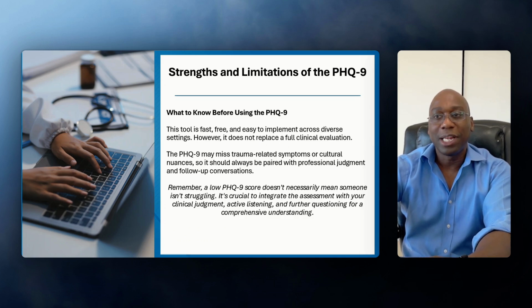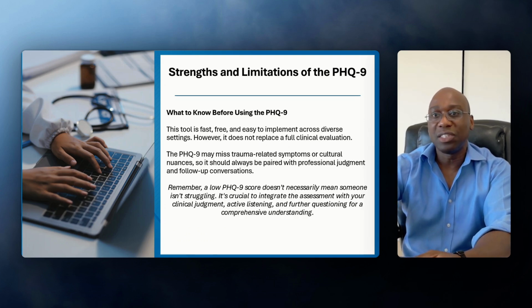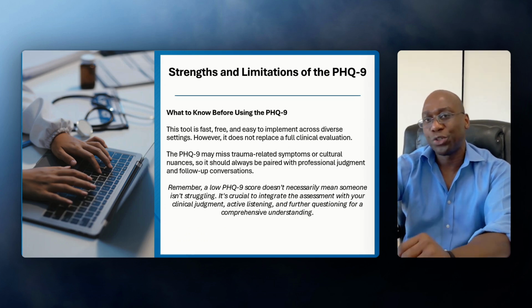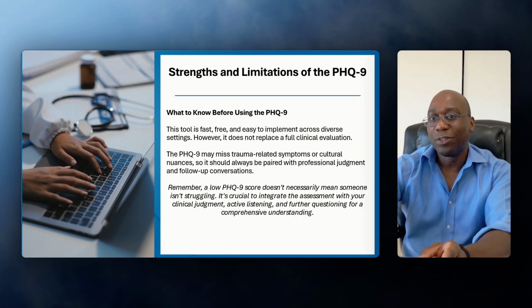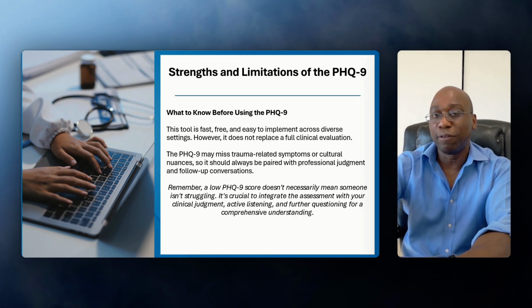The PHQ-9 screener doesn't account for trauma, cultural background, or co-occurring conditions like anxiety or substance abuse. Also, low scores do not mean someone isn't struggling. Remember what I said earlier when I was referencing the 0 to 4?